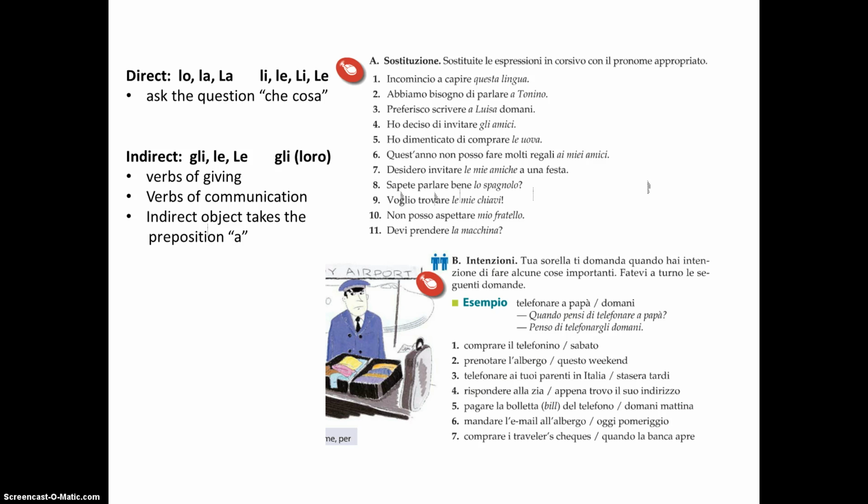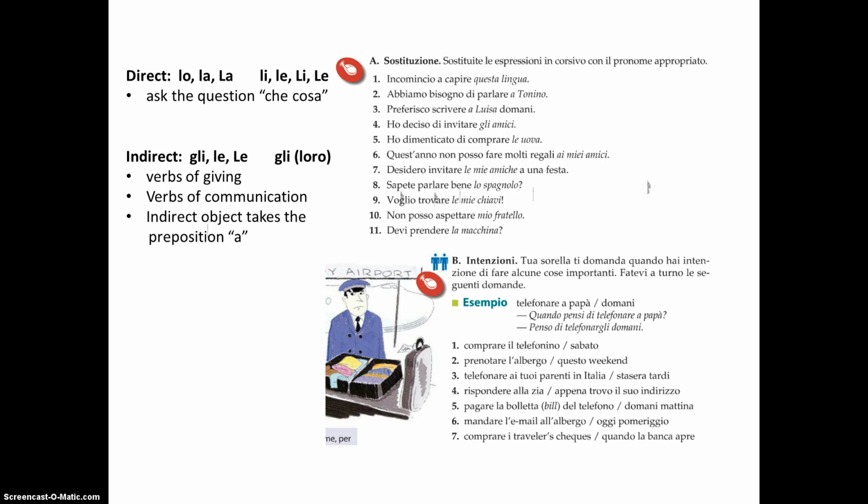Number 5, ho dimenticato di comprare le uova. Che cosa compro? Compro le uova. We have a direct object, le uova, in its plural, feminine. Ho dimenticato di comprarle. The e drops off and le is tacked on to comprar.